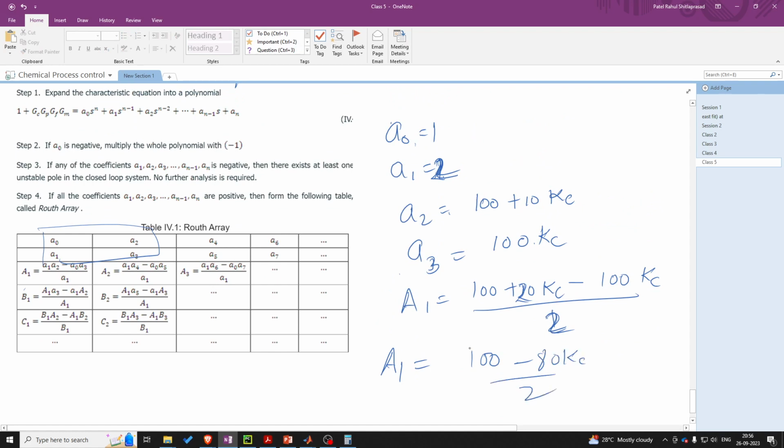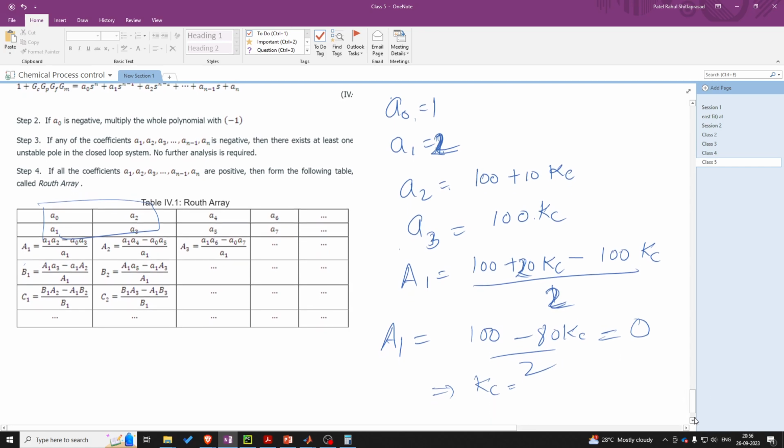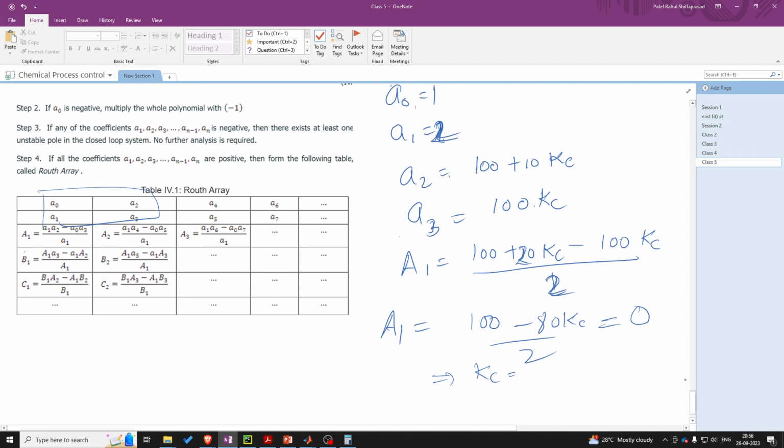Now since we had to find the value for the critical stability, we can just equate this as 0. So that will give us the value of Kc as 100 upon 8. Again I am doing something incorrect.